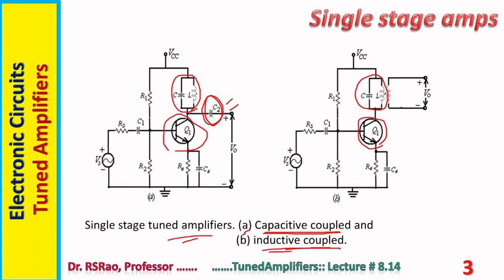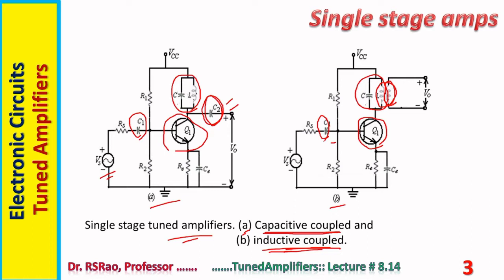B is inductively coupled. Why? An inductor or a transformer is used to couple the output of the amplifier to the next stage or to the load. That's why it is inductive coupled. Of course, in both amplifiers, the signal source is coupled to the amplifier through a capacitor C1. This is capacitive coupling between source and amplifier.